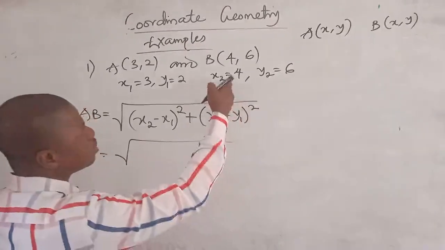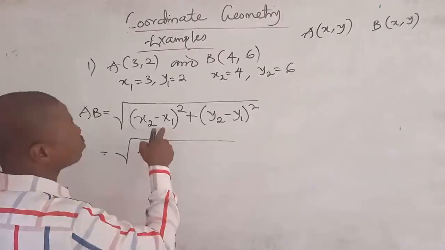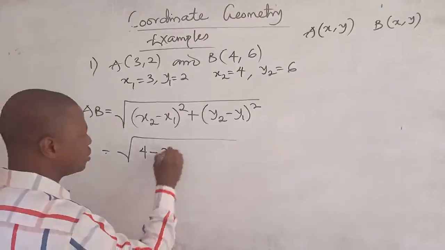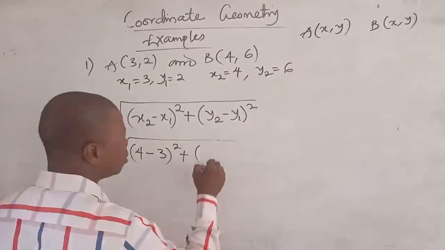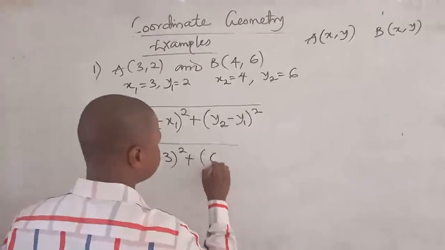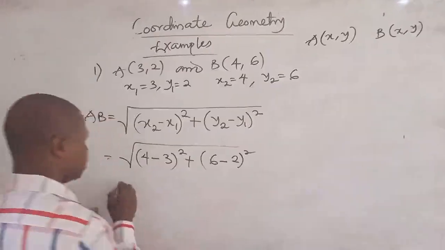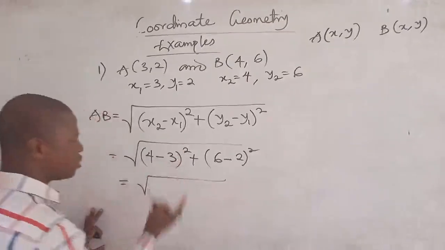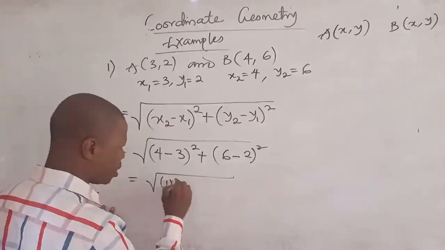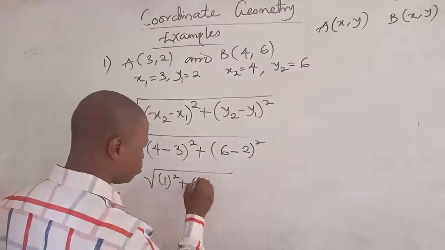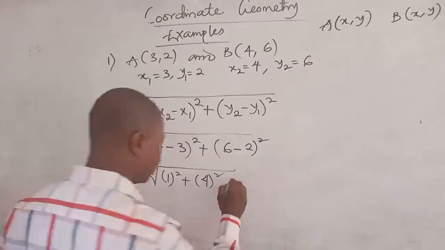So what is our x2? That is 4 minus what is our x1? That is 3, plus y2, 6, minus y1, that is 2. Then we have 4 minus 3, that is 1 squared, plus 6 minus 2, that is 4 squared.